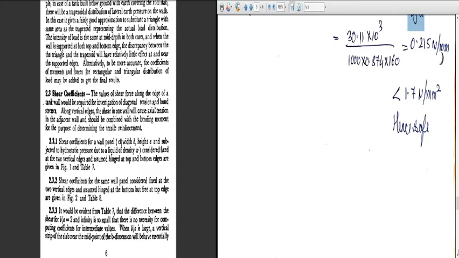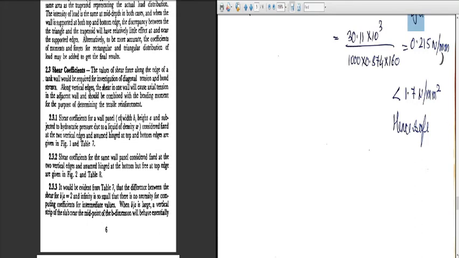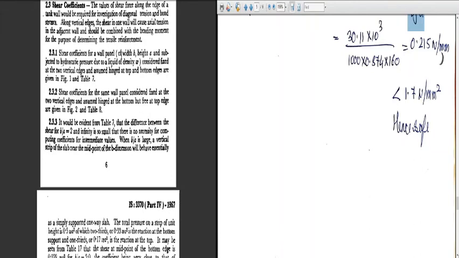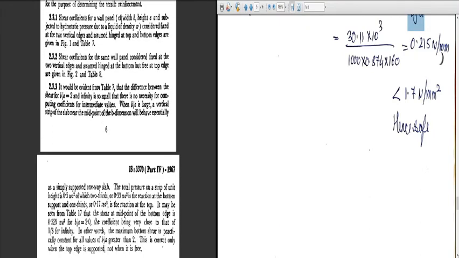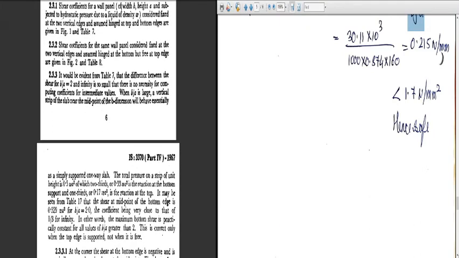It would be evident from table number 7 that the difference between the shear for B by A equal to 2 and infinity is so small that there is no necessity for computing coefficients for intermediate values.